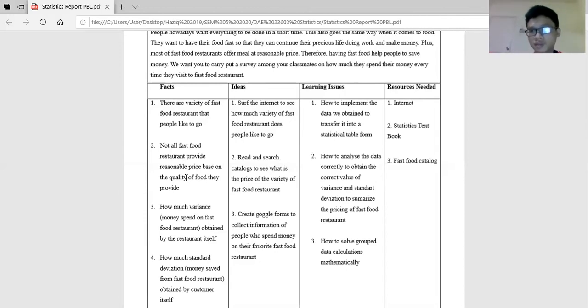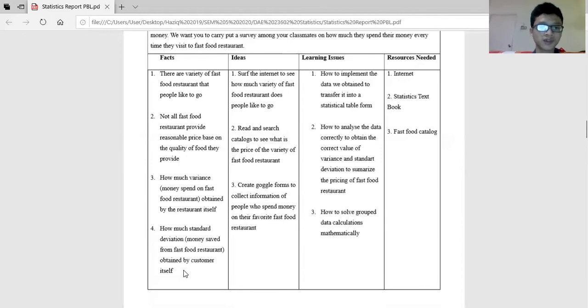Why do I say this? Because variance is how much money they get, not we get. The respondents, because we only have 14 respondents. We will see how much money the owner or chef of the restaurant gets.